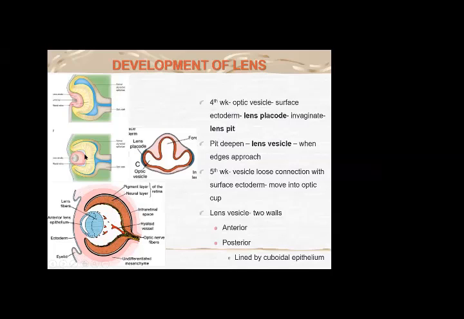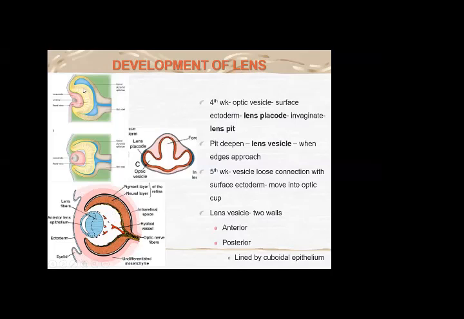When the optic vesicle invaginates, the overlying lens placode, or the thickened ectoderm, also invaginates. This invaginated part is called the lens pit. So this is the lens pit.